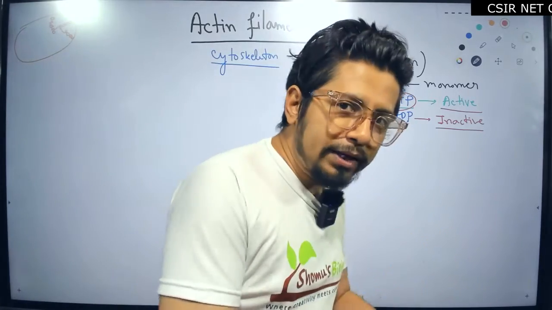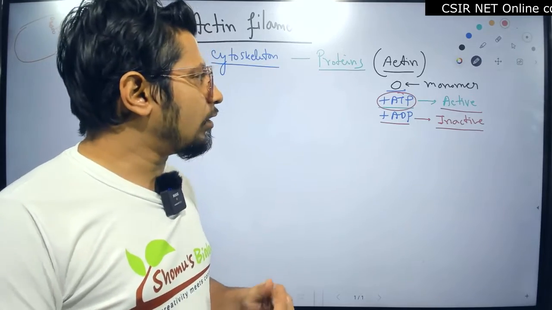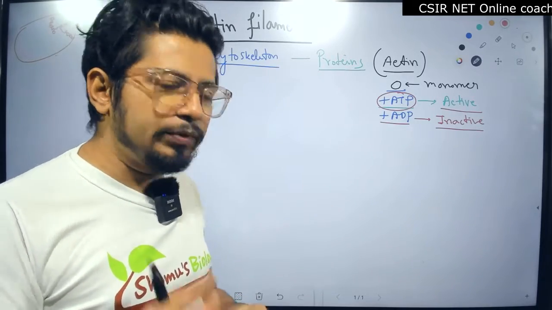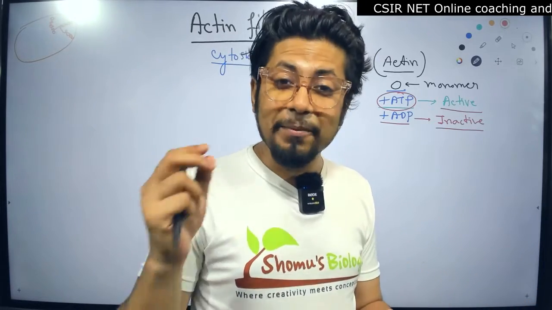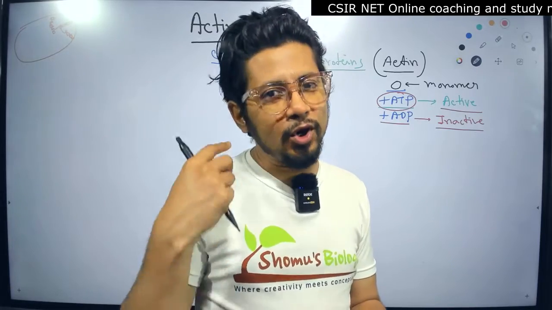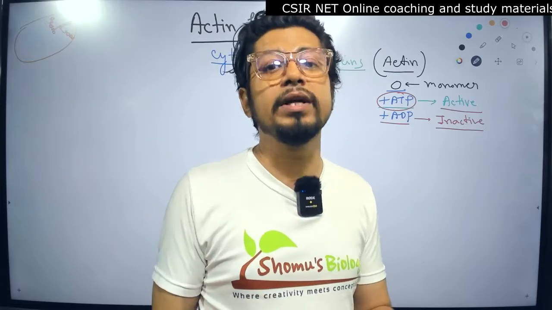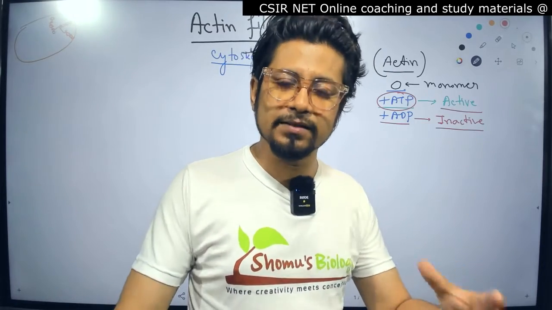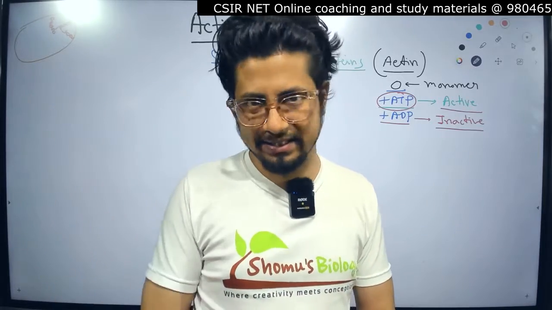But what we want to understand is the structure of this actin filament. As I told you, actin as a monomer is non-functional, without any use, but actin as a polymer, as a fiber, gives rise to a lot of important features, including structural strength to the cell, including the movement of cytoplasm or membrane towards a particular direction, just as in the amoeba example.